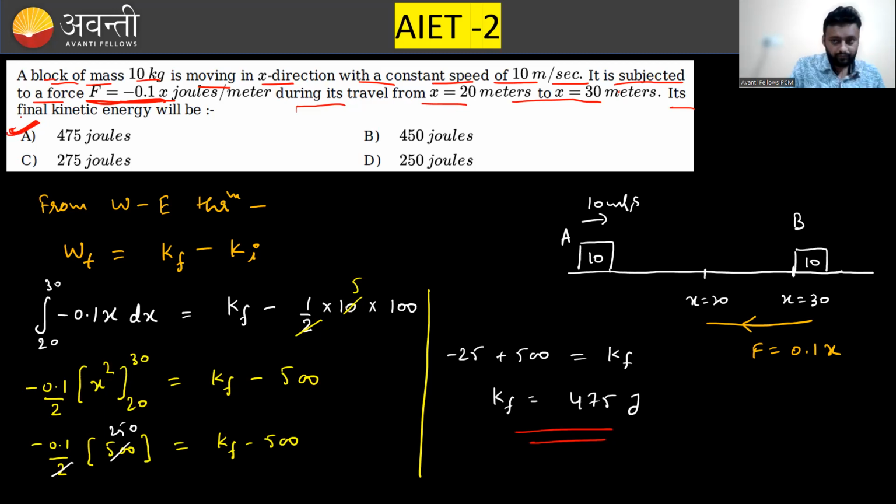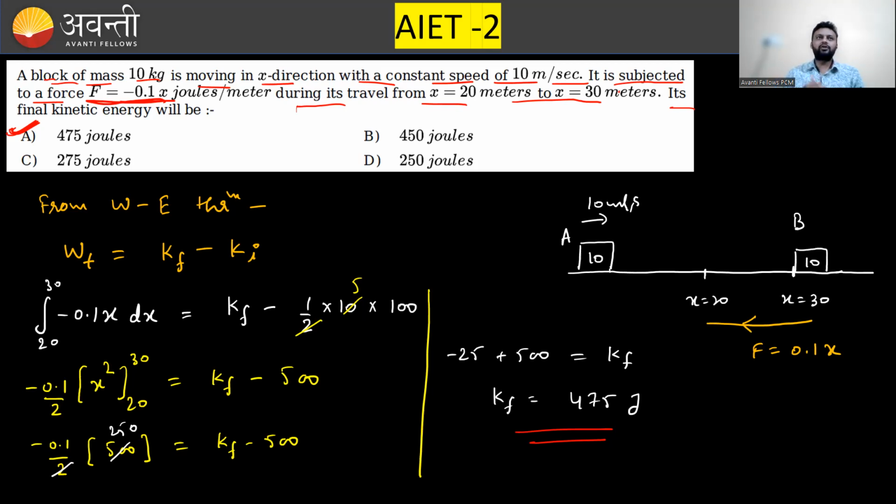Now listen to me. What I'm going to tell you will work most of the time. Whenever a question is asking for the kinetic energy, try to find a way to apply the work energy theorem. In 99% of cases, the question demands you to apply the work energy theorem.